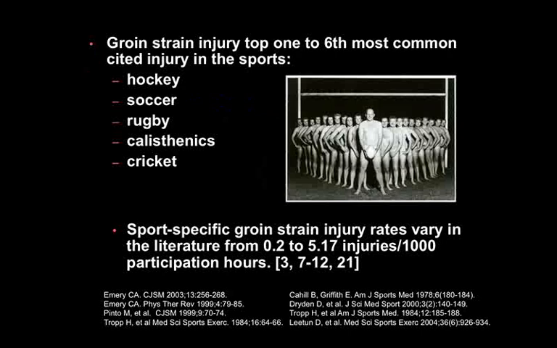We'll look at groin strain first. Groin strain injury is among the top one to six most commonly cited injuries in the sports of hockey, soccer, rugby, also called Australian rules football in this study, calisthenics, and cricket. Sport-specific groin strain injury rates vary in the literature from 0.2 to 5.17 injuries per 1,000 participation hours.